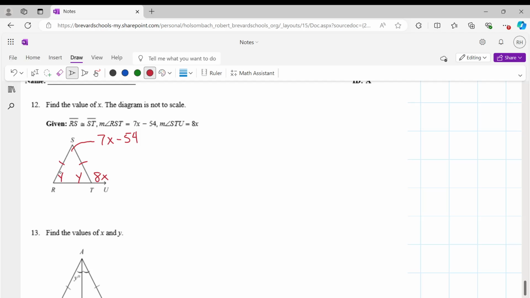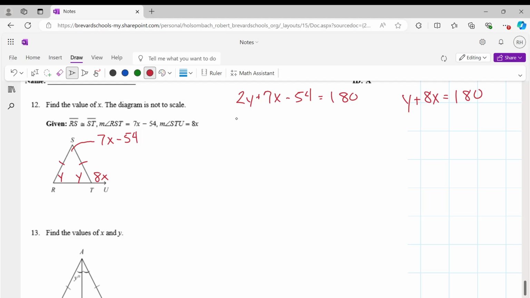The first equation that we're going to write is y plus y, which is 2y, plus 7x minus 54. That's equal to 180. The other equation we're going to write is y plus 8x is equal to 180.